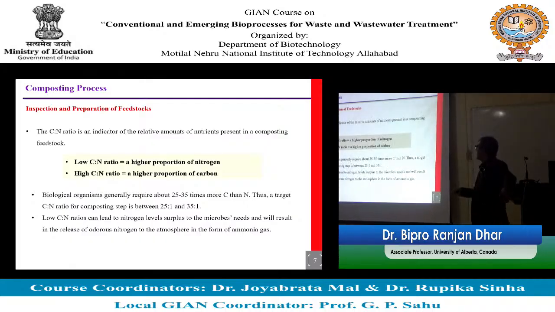So we need to make sure we achieve a desired carbon to nitrogen ratio, and as I was mentioning, we don't need exactly 30:1. If it's 25:1 or 35:1, it's still fine, within a good range.